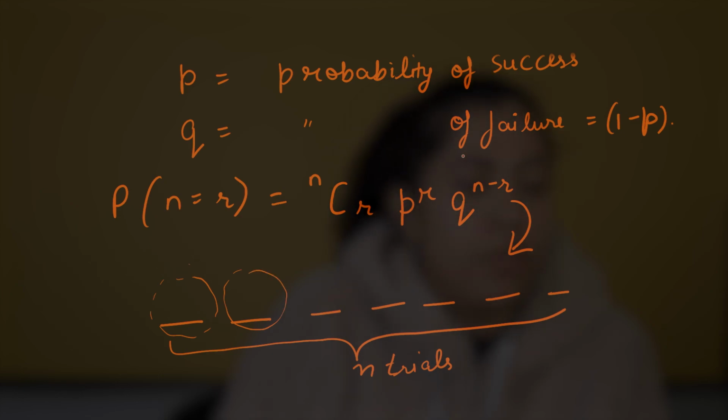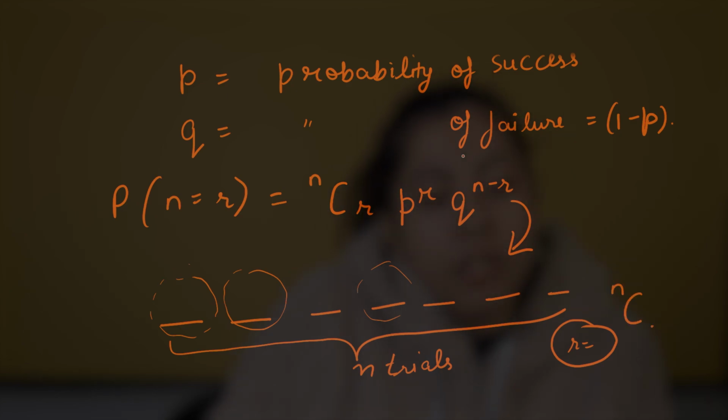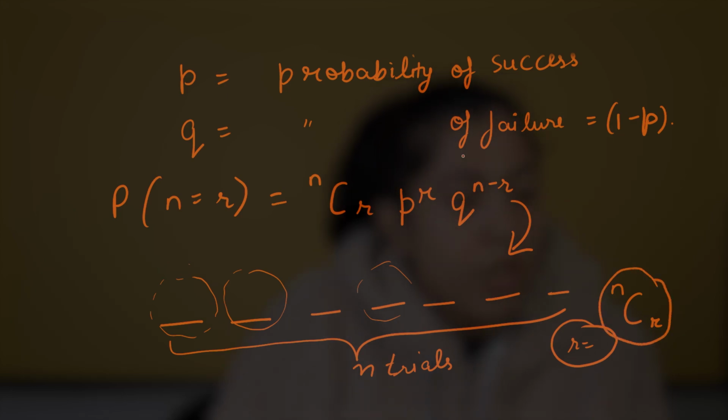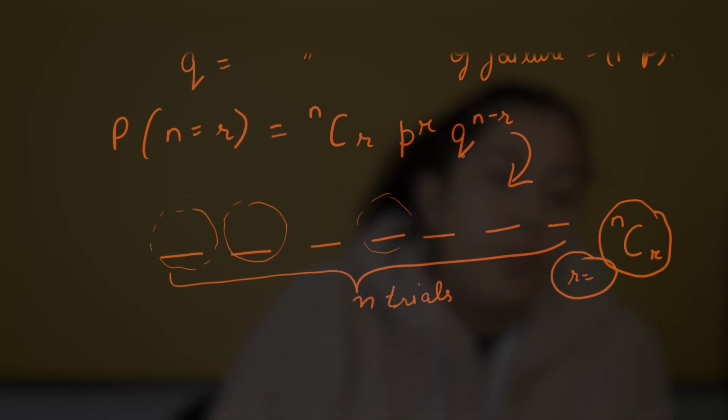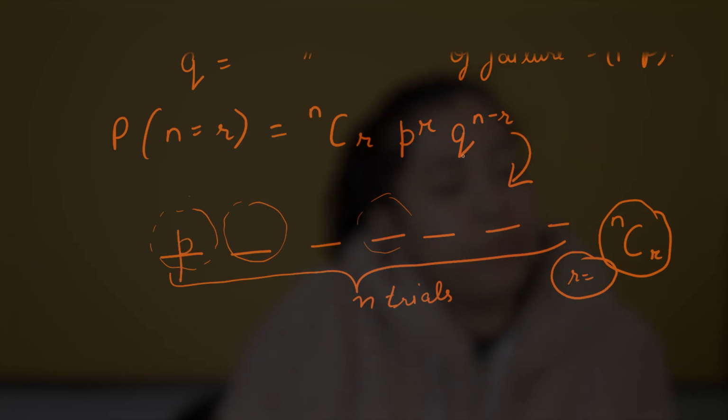Let's say 1, 2, and 3. We can place this number R in any one of them, that is choosing from n options, 3 places or 4 places or whatever the value of R is. And then we have to place success at that point, that is p, the probability of success.